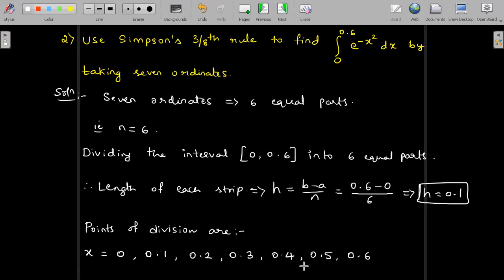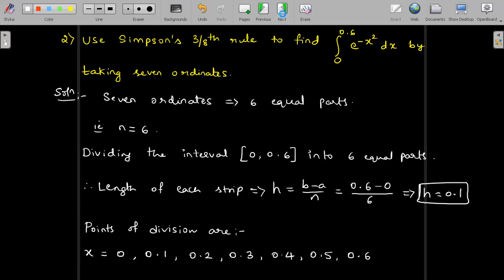So observe there are 7 values of x, and hence there will be 7 values of y, that is ordinates. So that is what is being given for us, 7 ordinates. Taking into consideration 7 ordinates, we have to divide the interval 0, 0.6 into 6 equal parts.